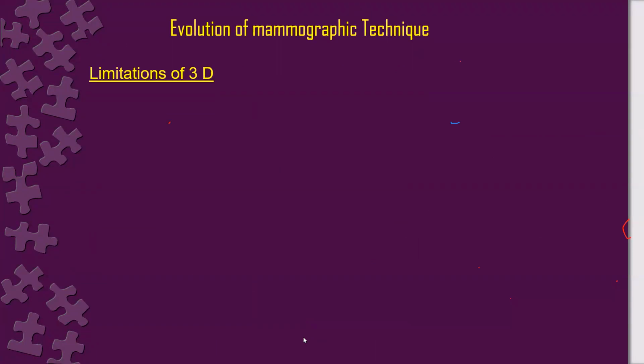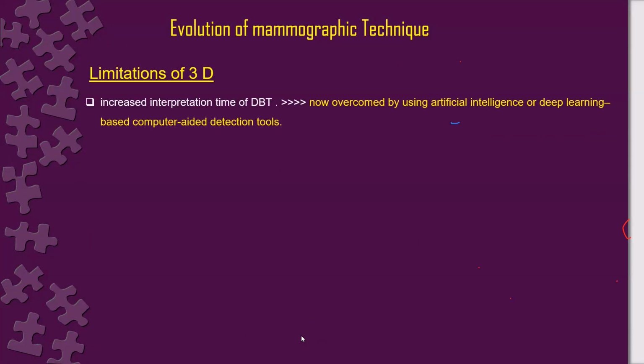Like other techniques, it has limitations, which include more time needed to interpret tomosynthesis; however, this is now overcome by using artificial intelligence and computer-aided tools. Tomosynthesis benefits are minimal in extremely dense breasts and also minimal in fatty breasts.